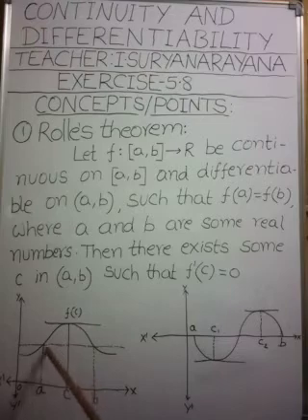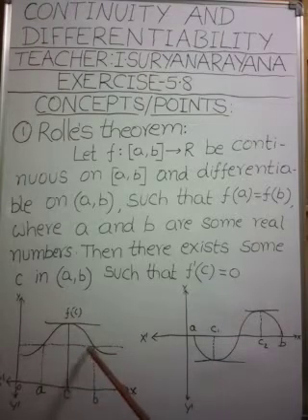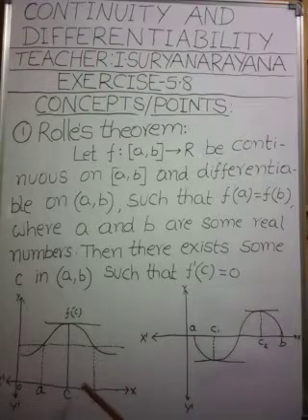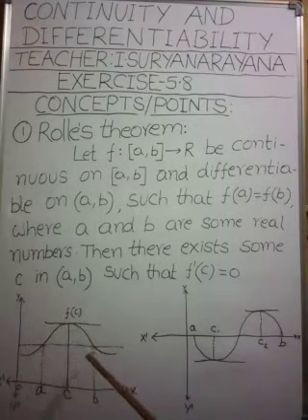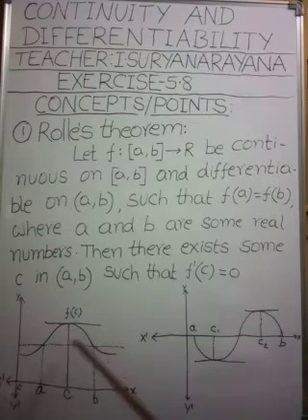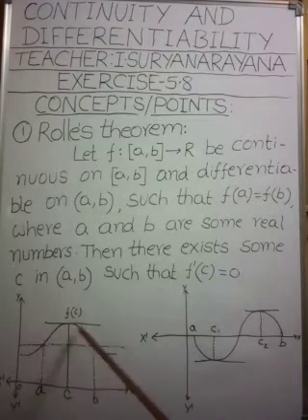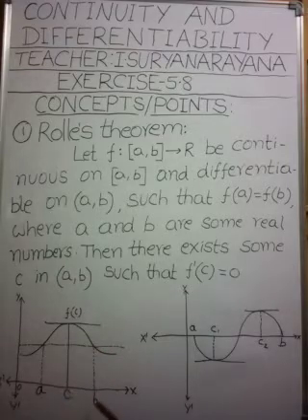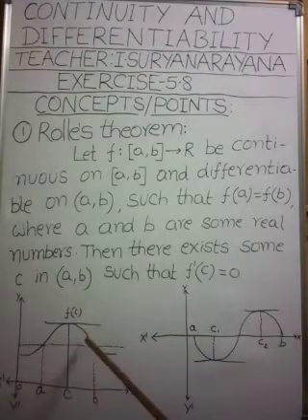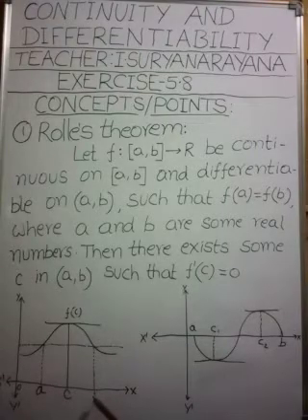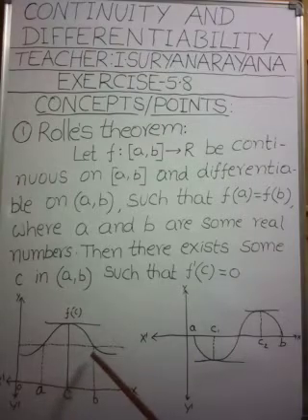It is a continuous function in this closed interval [a, b]. f is continuous. There are no jerks. There is no break. So this is a continuous function in the closed interval [a, b], and it is a differentiable function in the open interval (a, b), and f(a) is equal to f(b). These three conditions are satisfied.